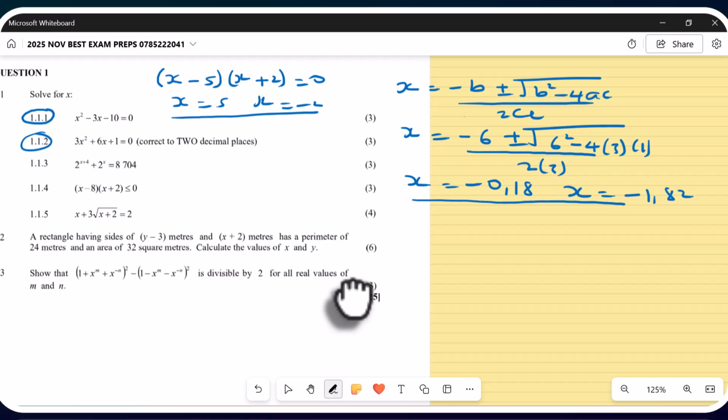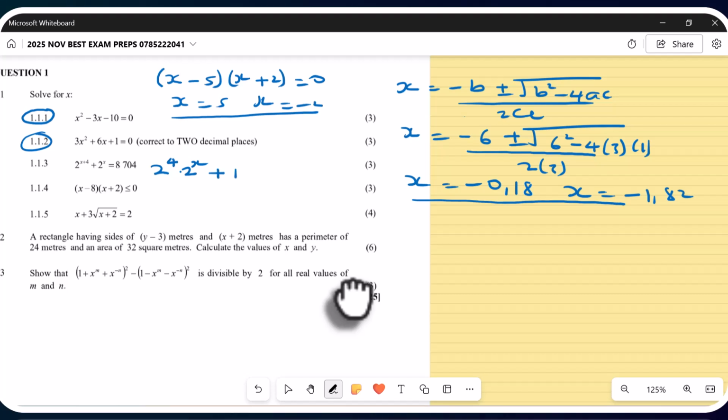Now you can see 2 to the power 4 is 16. These are like terms, and 16 plus 1 is 17. So it's going to be 17 times 2 to the power x equals 8704.